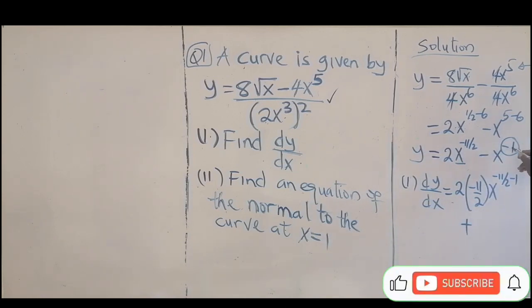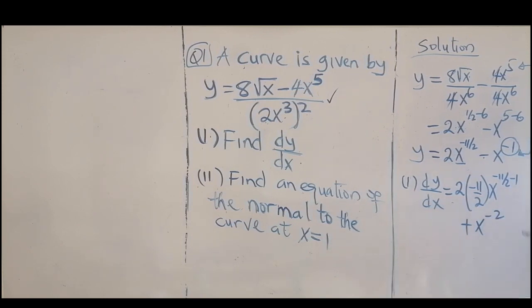Minus 1 times minus becomes plus. Then we have x to the power minus 1 minus 1, that's minus 2. So this and this we cancel, so we have minus 11, x to the power minus 11 minus 1, that's minus 13 over 2. And then plus 1 over x squared.